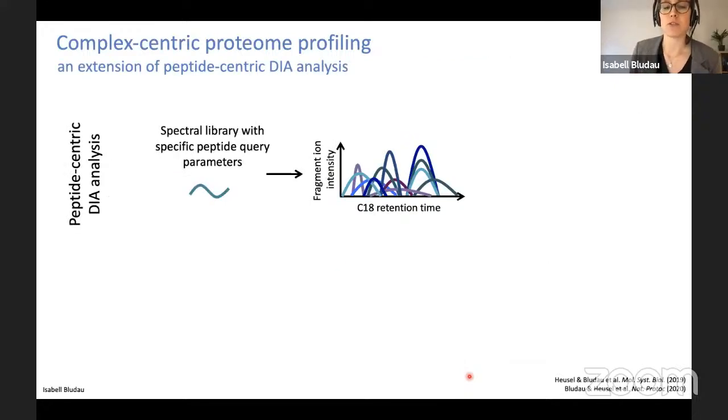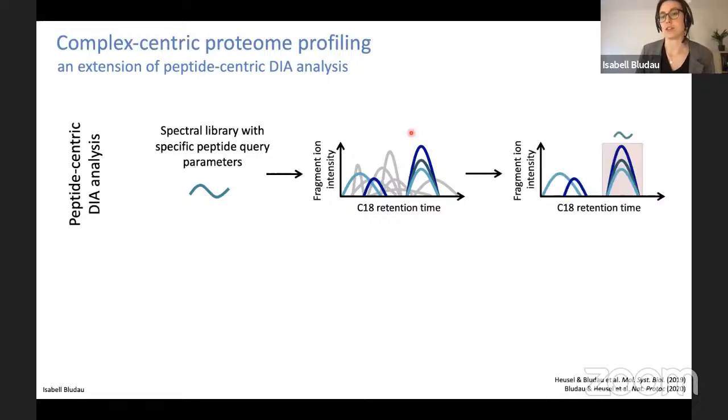Here I want to again highlight how the complex-centric strategy is an extension of the peptide-centric DIA analysis workflow. In peptide-centric DIA analysis, we have a spectral library with information about specific peptides. Then we go into our highly multiplexed DIA data and extract only the fragment ion chromatograms that we have annotated in our spectral library to do a peak detection to get our peptide signal.